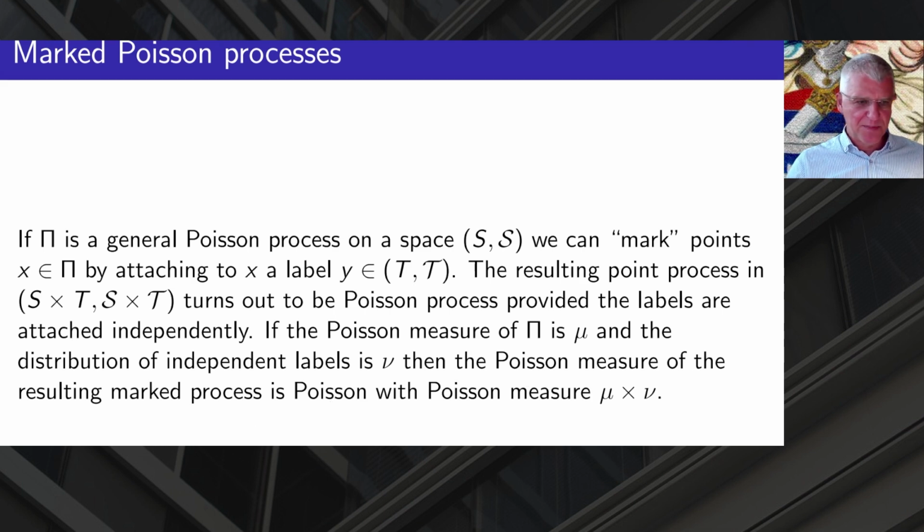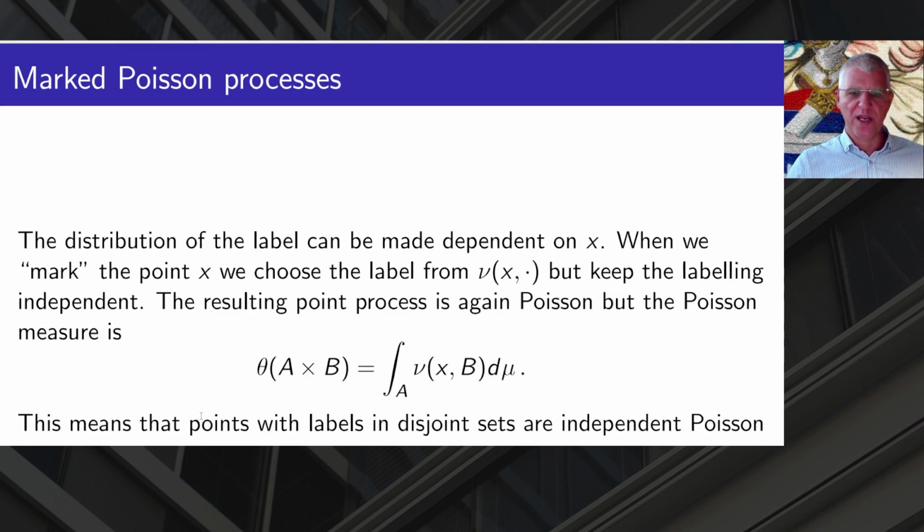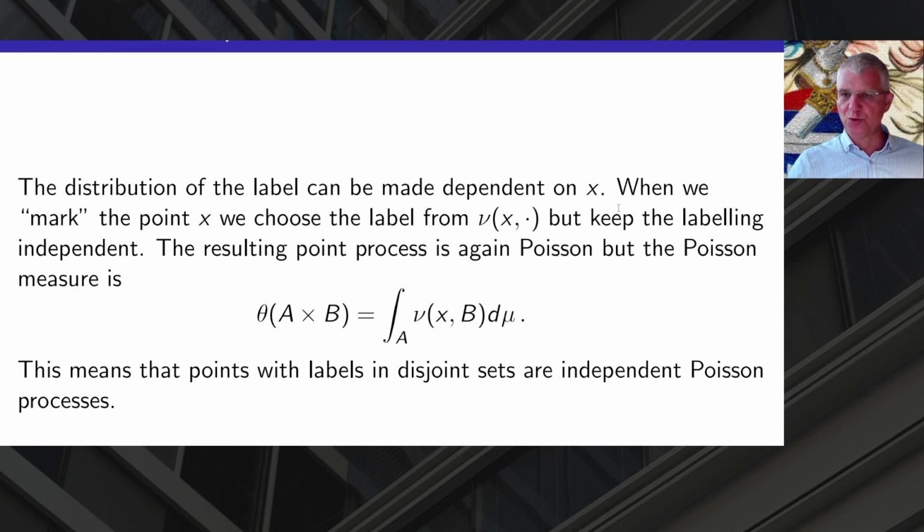If we make it space-dependent, which means that we choose a die depending on where the point is in the plane, then mathematically that means that for every point x in the plane or in an abstract space, we have a measure for labels. We have the same set of labels, but the distribution of these labels that we choose independently for every point in the Poisson process depends on x.